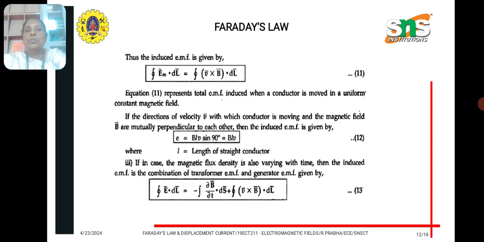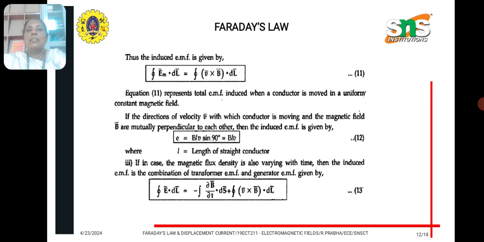And the induced EMF is the integral over the closed path of E_m dot dl. So we can also write the right hand side term as the integral over the closed path of V cross B dot dl.